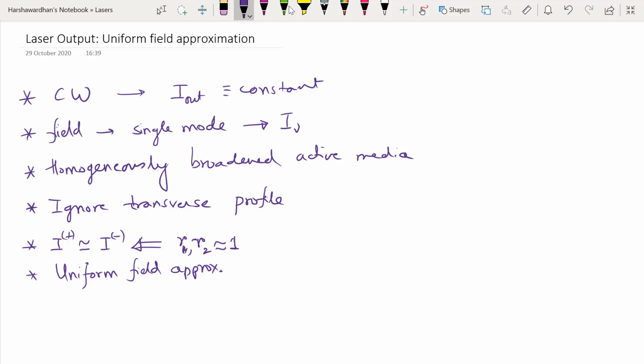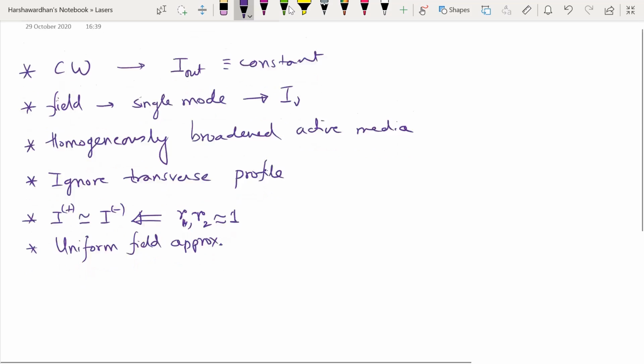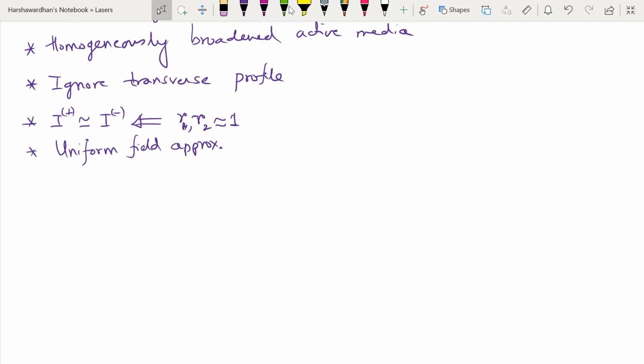So given all this, we can now start analyzing what such a lasing medium would result in. We know that the rate equation that governs the intensity variation of light within the cavity is dI_nu over dt.